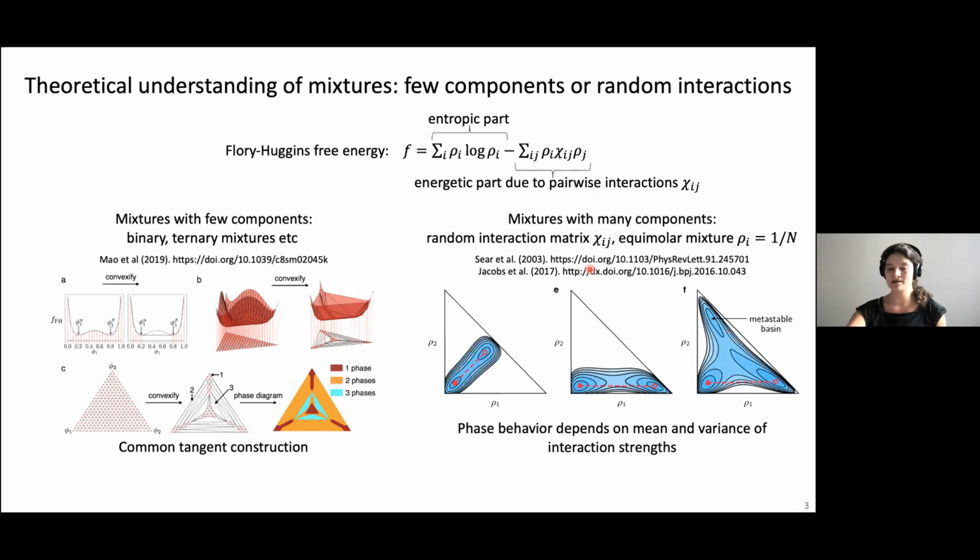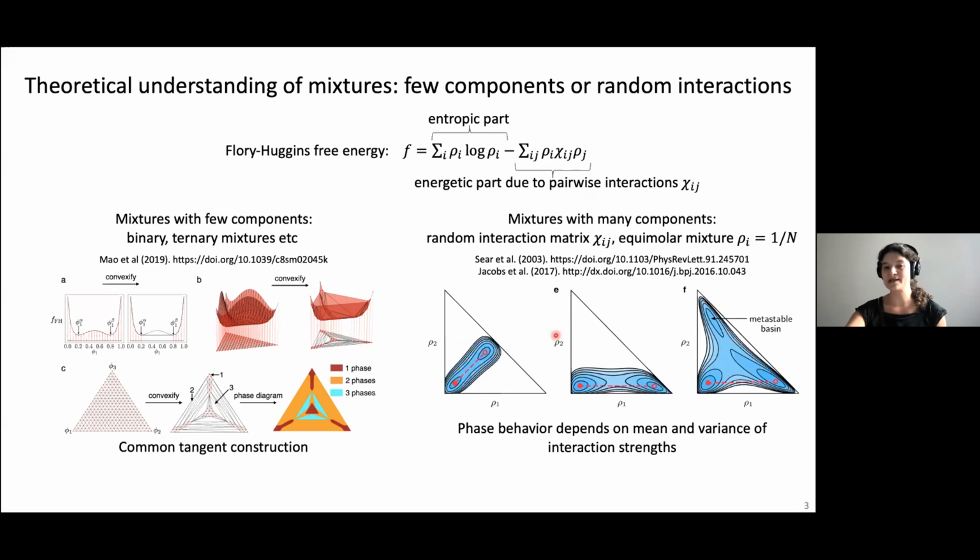But again, we would expect that the interactions in biological mixtures are not really random. They are due to physical characteristics of the components, like electrostatic interactions or hydrophobic effects.